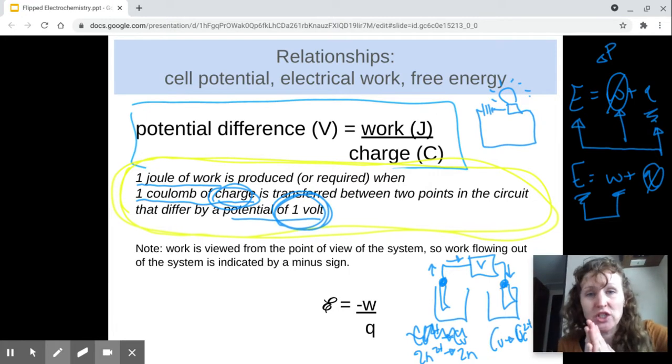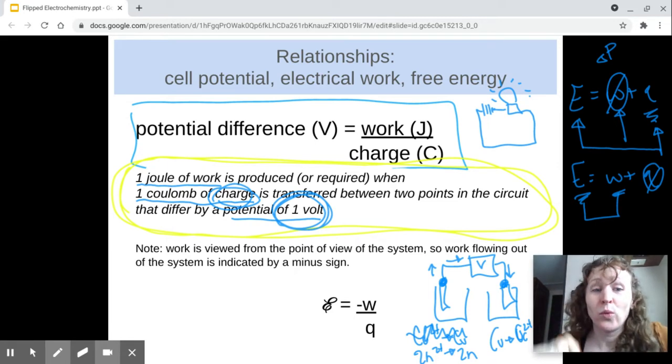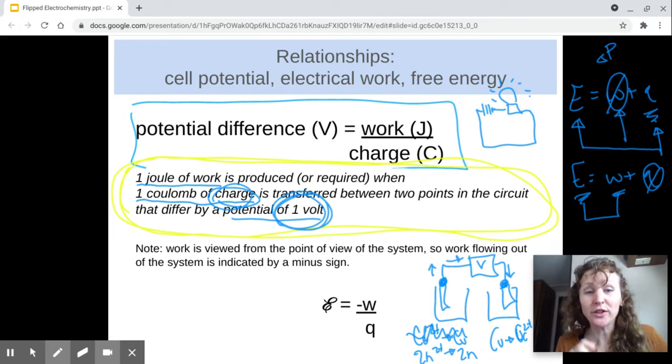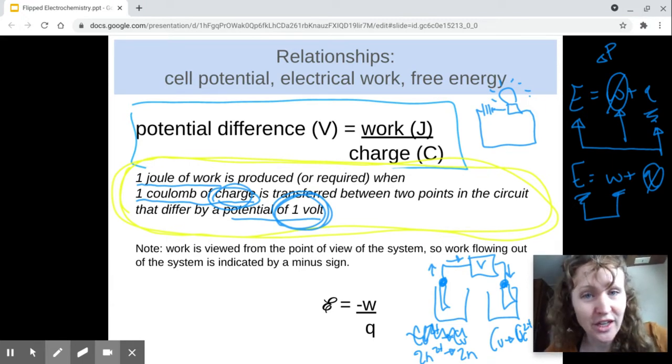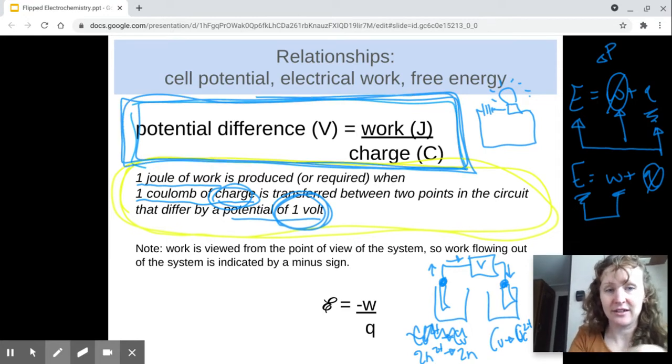Then we add the voltages together, and we see what the difference in the potential is. Okay, so if 1 joule of work is produced when 1 coulomb of charge is transferred between the 2 points that differ by a potential of 1 volt, that's what this reaction is saying right here.